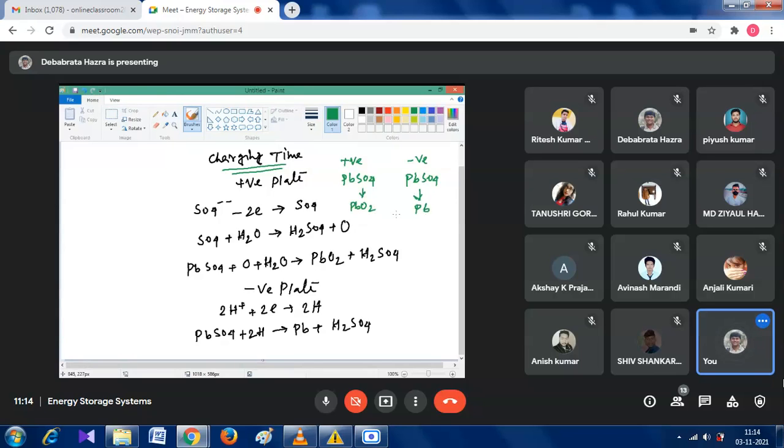And at the time of discharging, the positive plate, the lead peroxide plate, becomes lead sulfate, and the spongy lead negative plate also becomes lead sulfate.